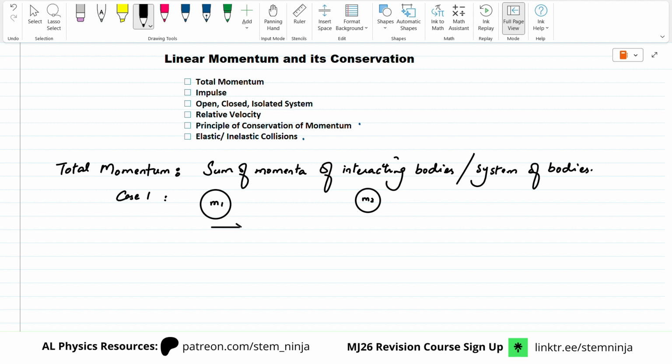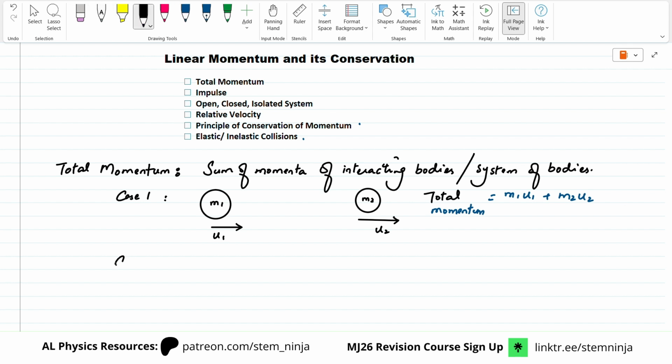They are both going in a single direction. So their total momentum would be just the sum of M1 U1 plus M2 U2.